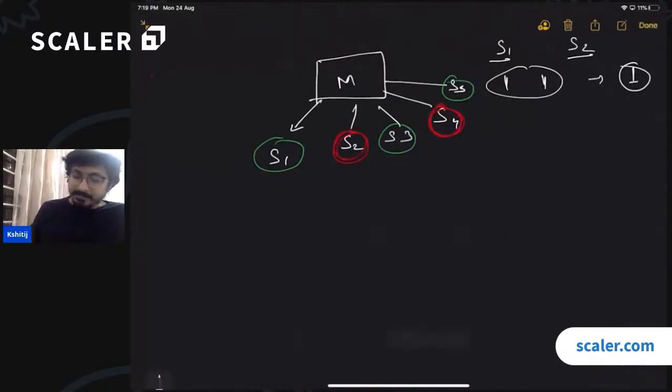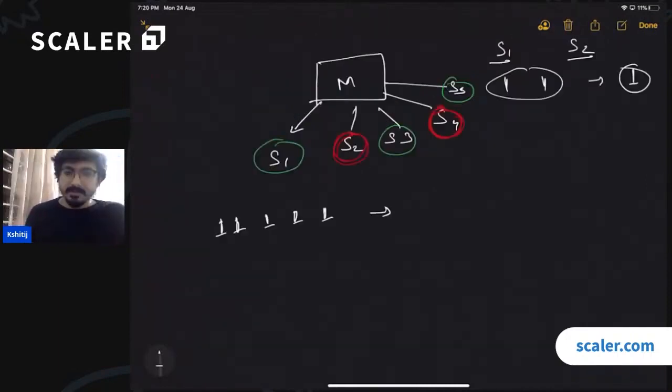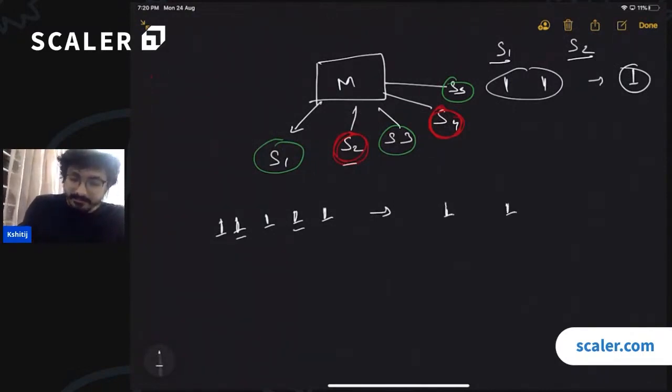Now if I am writing a string 11111, what is the output that I am going to get? The output that we are going to get is S2 and S4. These 2 will be missed out. So the output that we get is 111. Okay.